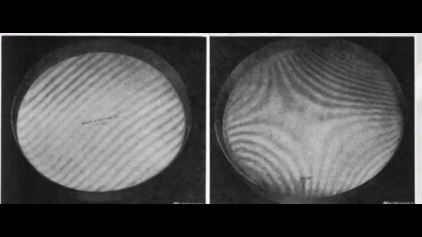So this figure shows photos of reference flats being used to check two flats at different stages. The surface on the left is nearly flat and it is indicated by a pattern of straight parallel fringes.